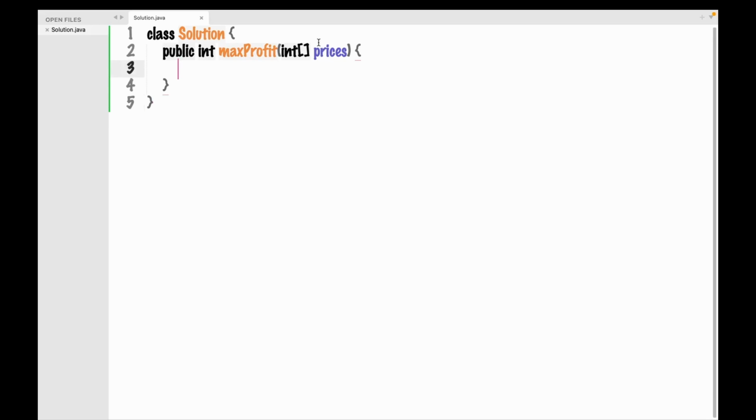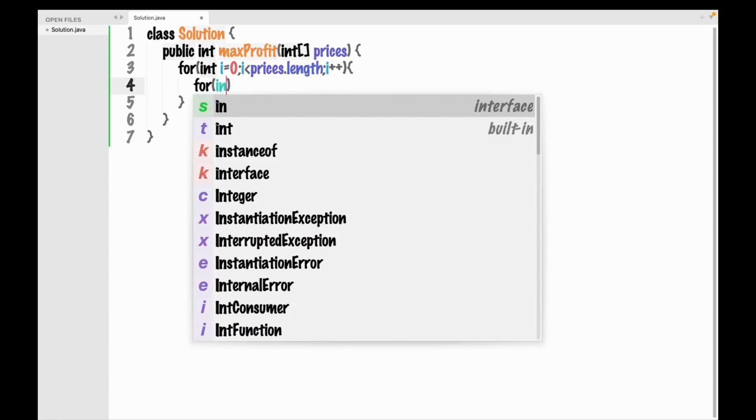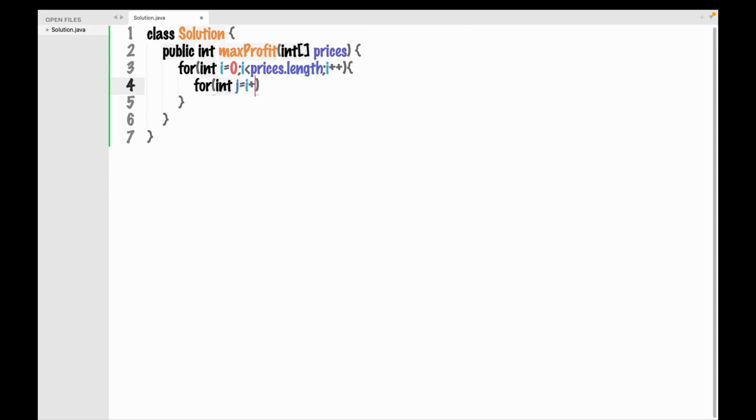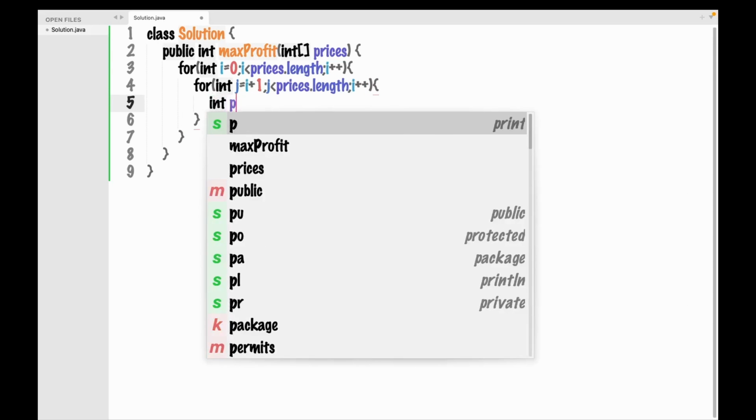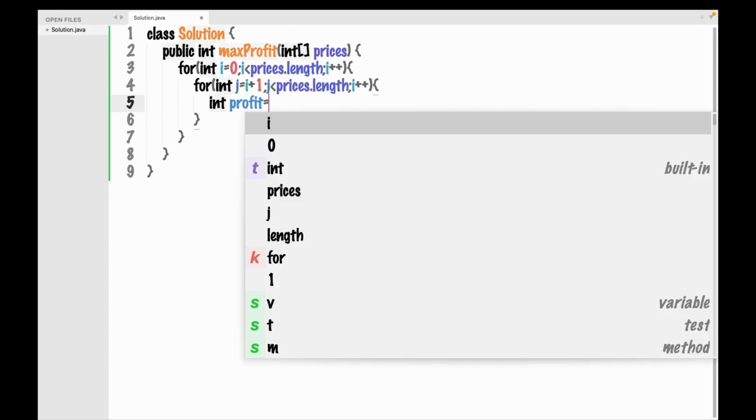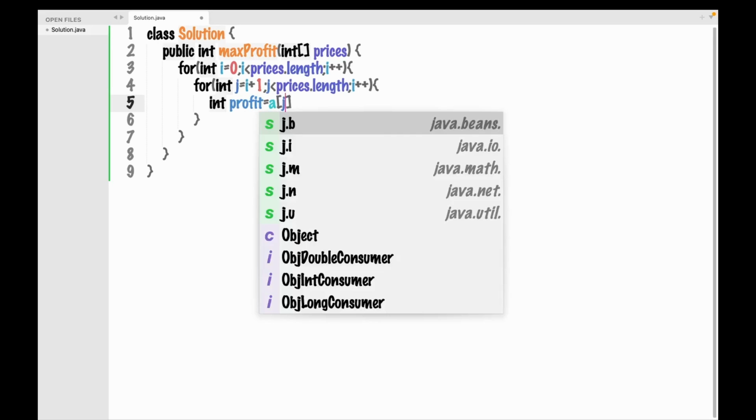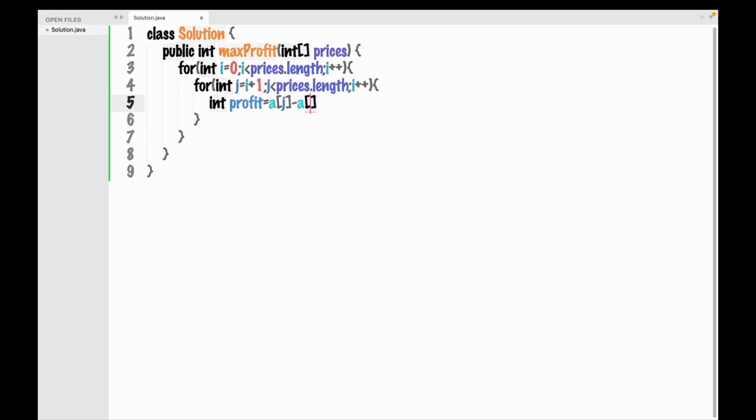Now what we said was we would take the price of day 1 and compare it with the other days, and we would take the profit from the other days. Let's say we take the profit from the other days in a variable called profit.